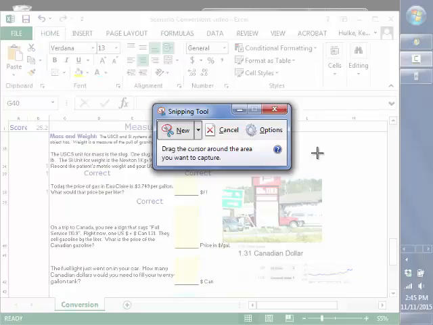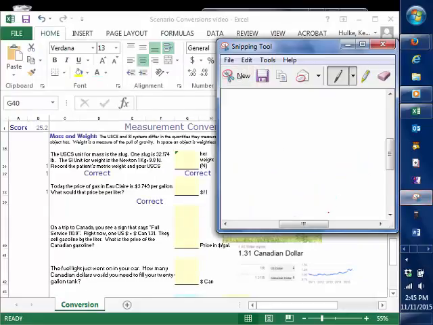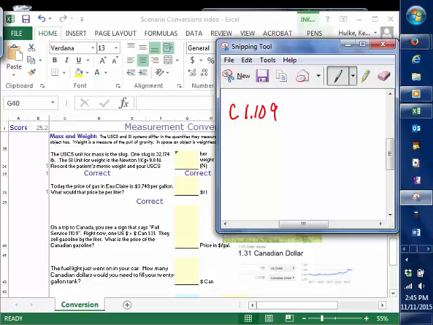So to do this conversion, we're going to start with the Canadian dollar 1.109, that's in dollars and cents rather than just cents, per liter. We want to know what that would be in gallons. So we want the final answer to be in dollars per gallon. We want dollars on the top and gallons on the bottom.